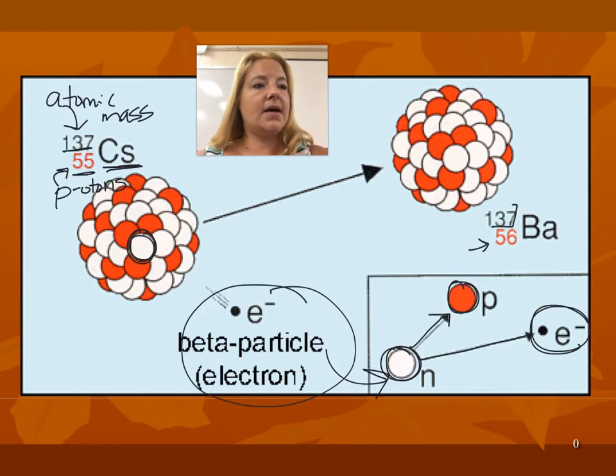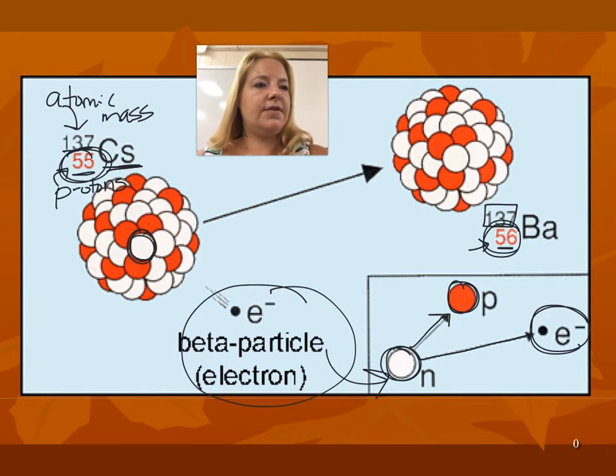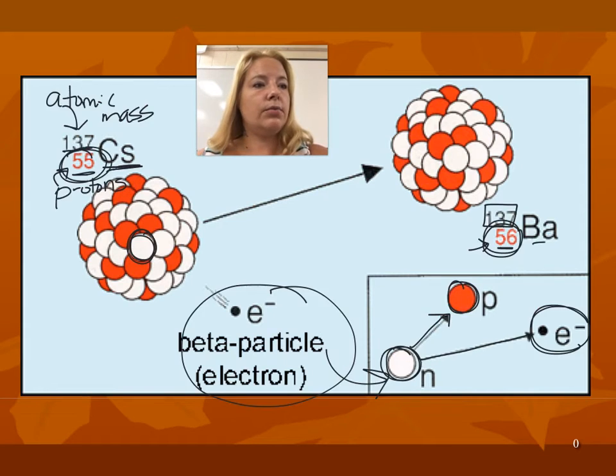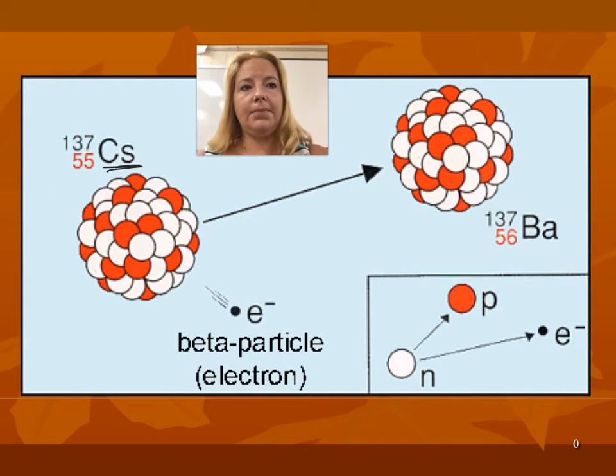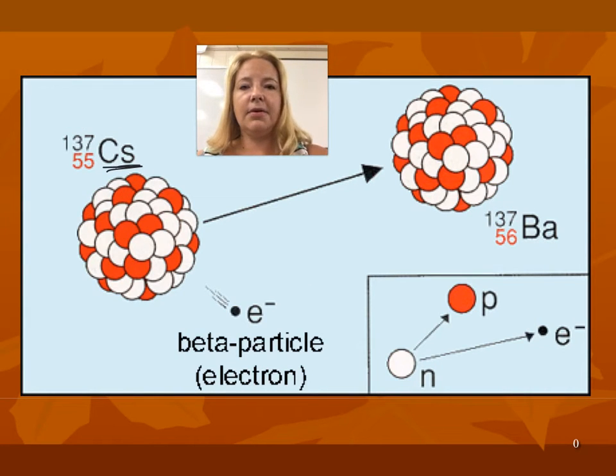So we have the same mass of 137, but we gained a proton, and so we go from 55 protons to 56 protons, and so since we changed the number of protons, we change our element to barium, and we have to look on the periodic table to see what element is number 56.